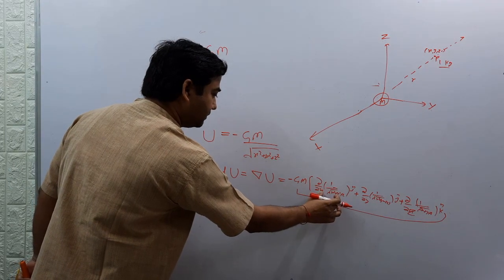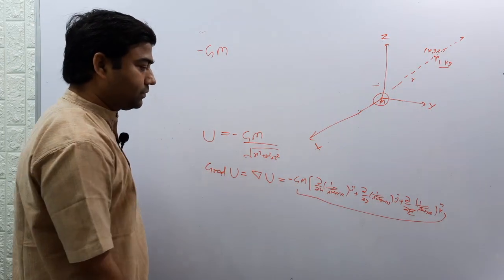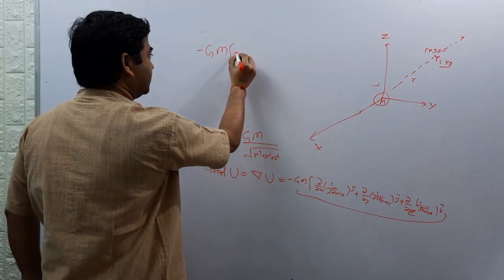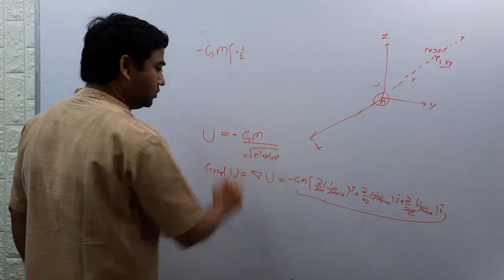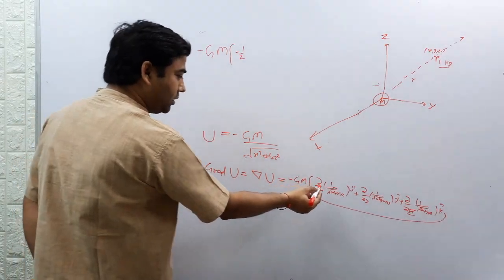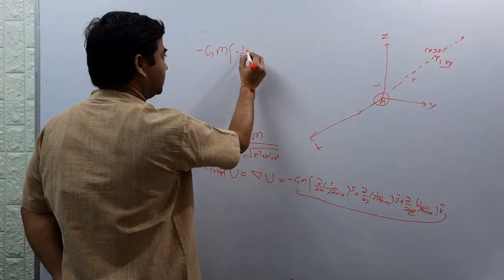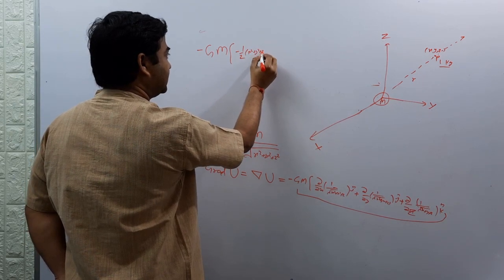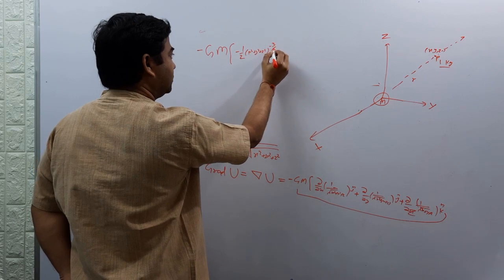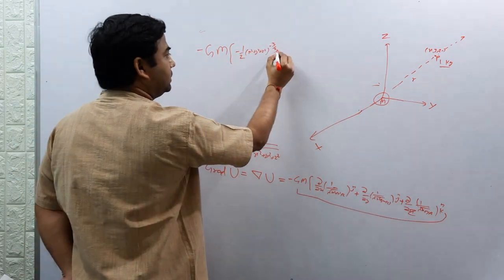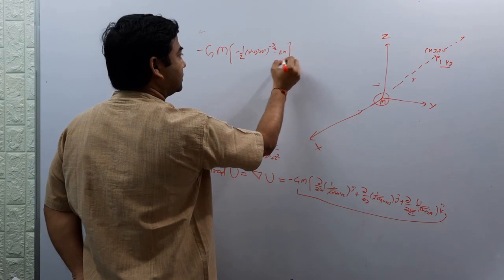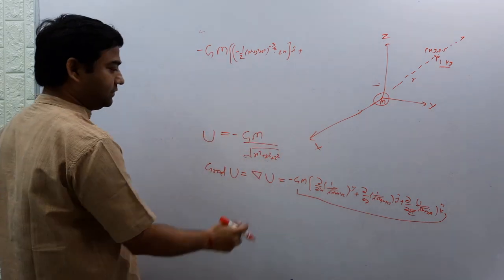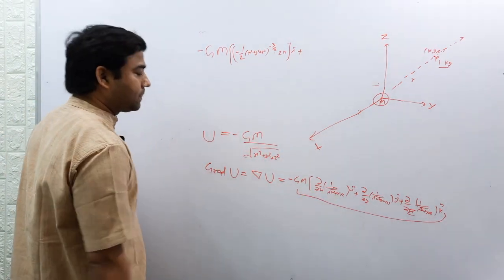Now partial derivative of 1 by under root x square plus y square plus z square is minus 1 by 2 into x square plus y square plus z square to the power minus 3 by 2 into 2x i. That was partial differentiation with respect to x for this function.